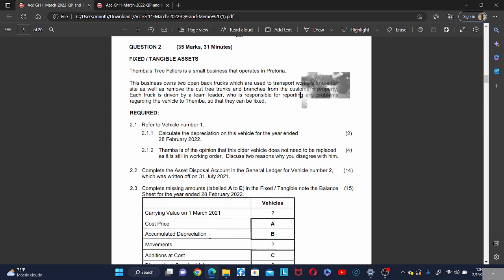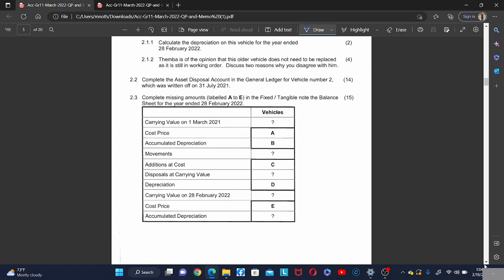Today we are going to do the asset disposal. Complete the asset disposal account in the general ledger for vehicle number 2, which was written off on 31 August 2021.